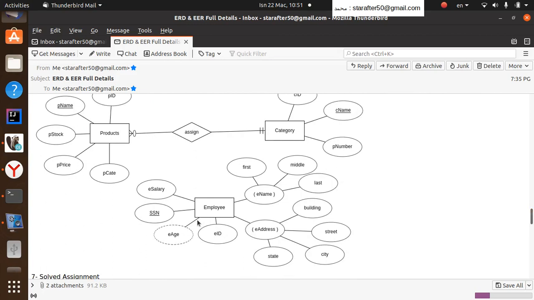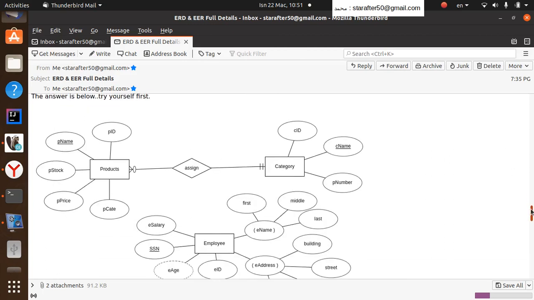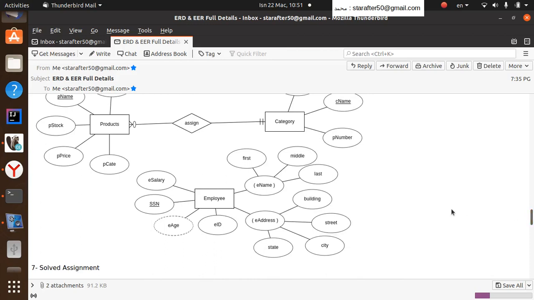One more thing. So these are the attributes that he mentioned. Look here. When he said the employee should have an address and should have an age and should have a name. Remember when we talked about composite and derived? Remember?